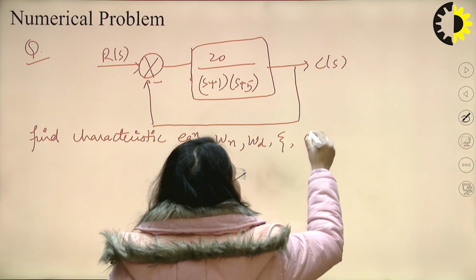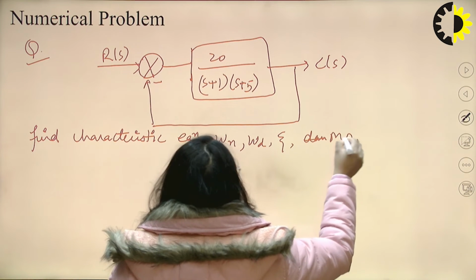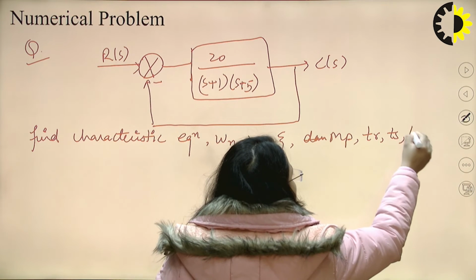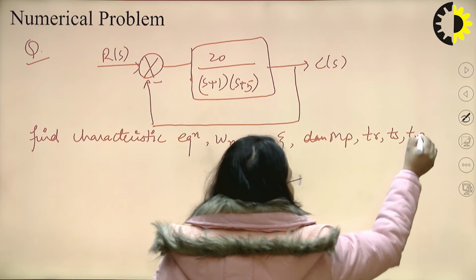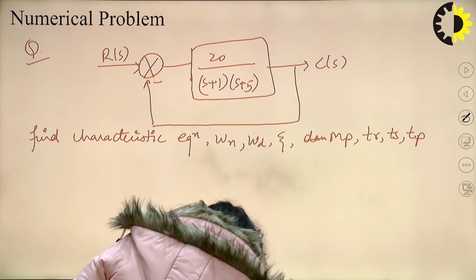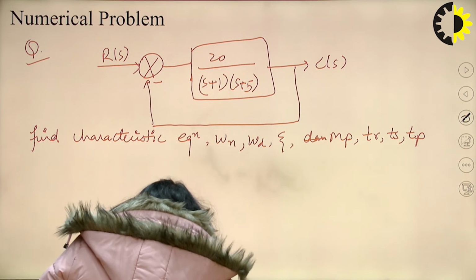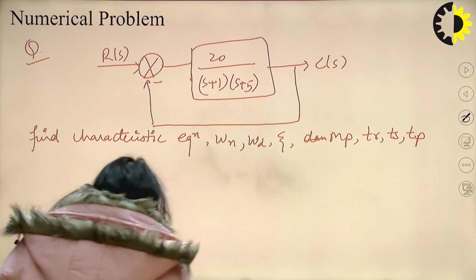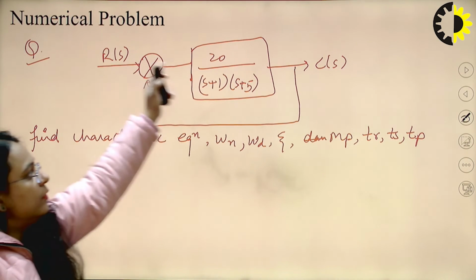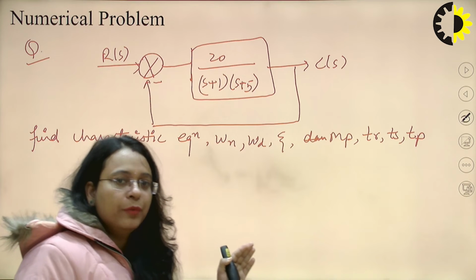We can also find Mp, rise time, settling time, and peak time. These are the values we need to find out. From this block diagram, first we have to find the transfer function.